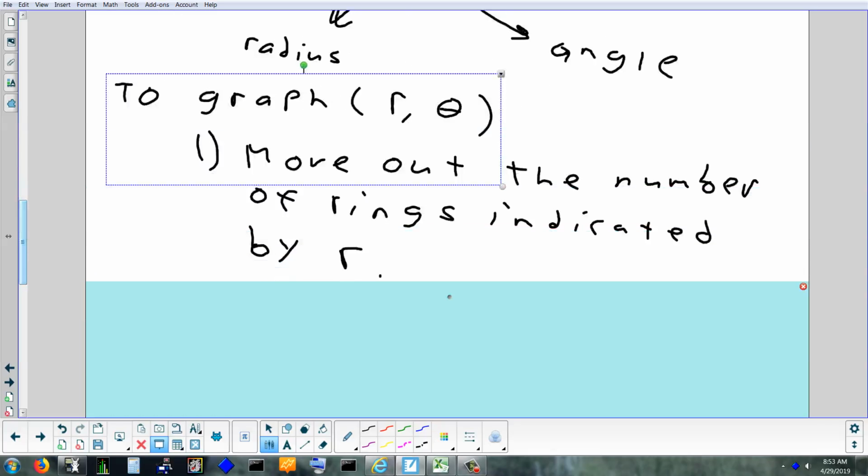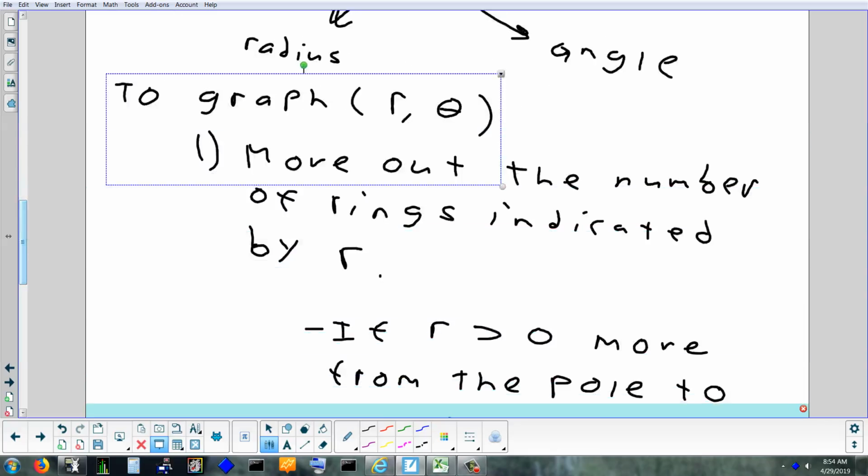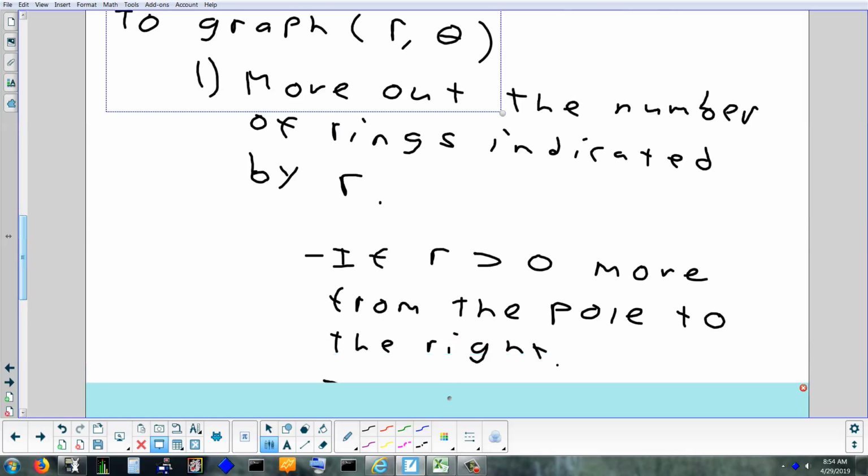So you're going to start at the pole, or the origin, and you're going to move out the number of rings indicated by r. If r is a positive number, then you're going to move to the right. So if r is positive, you move right. That's kind of like it would be with an xy coordinate. If the x value was positive, you move right.